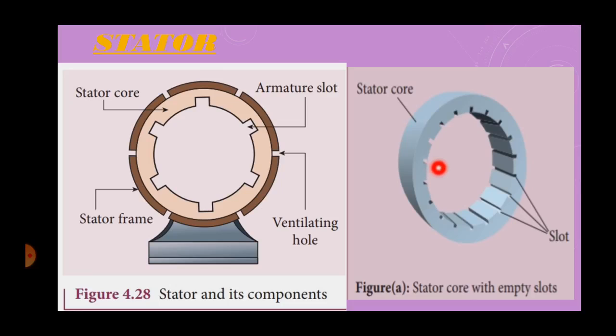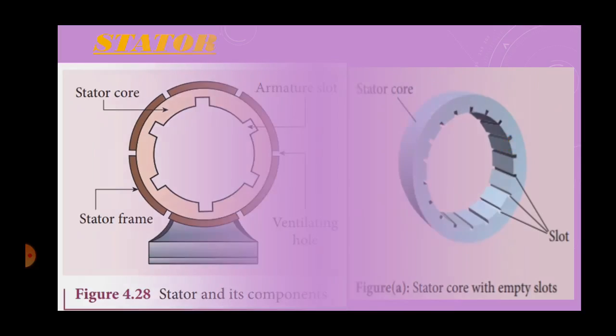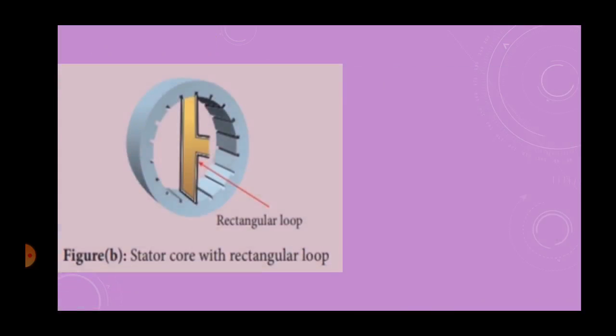Already you know that eddy current can be minimized by using a laminated core. The slots are cut on the inside surface of the core to accommodate the armature windings. It is clear?